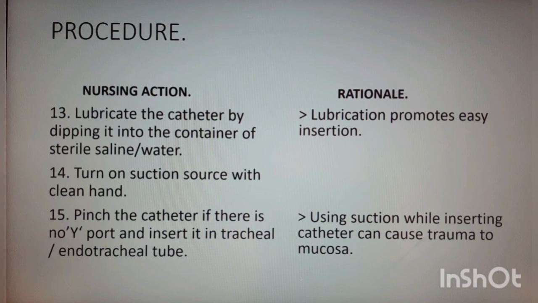Using suction while inserting the catheter can cause trauma to the mucosa and remove oxygen from the respiratory tract. Resistance usually means that the catheter tip has reached the carina. If resistance is felt, the catheter should be withdrawn 1 to 2 cm before applying suction.